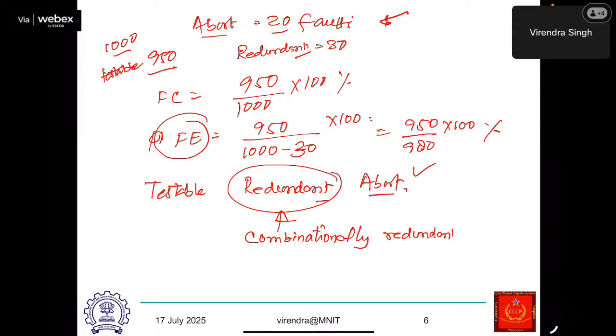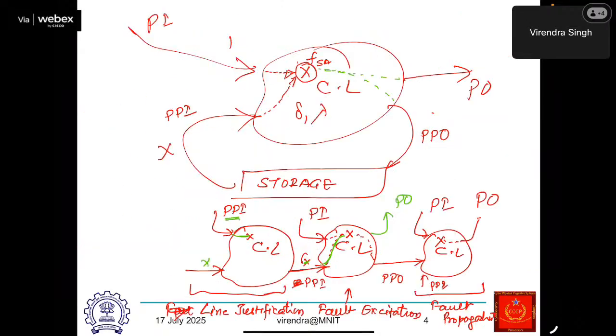That means my combinational ATPG uses either Boolean difference or any algorithmic method like D algorithm, PODEM, FAN, etc. However, it is possible that the fault is combinationally testable, but the fault effect may not be able to propagate to the primary output.